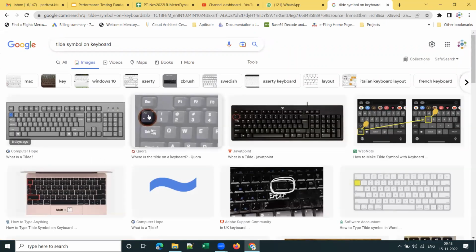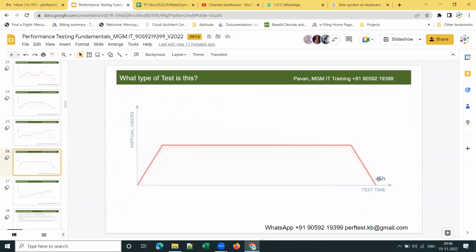Got it? That is read as tilde, TILDE. So it's mentioned here that the duration is approximately 5 hours. So this graph best represents a soak or endurance test.